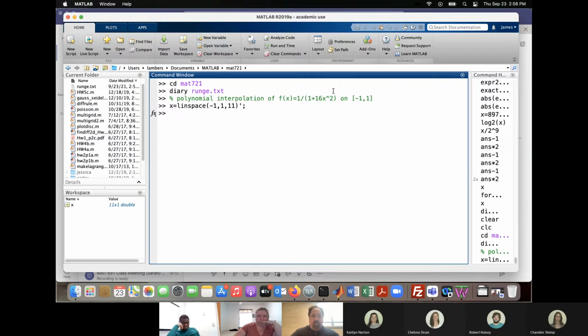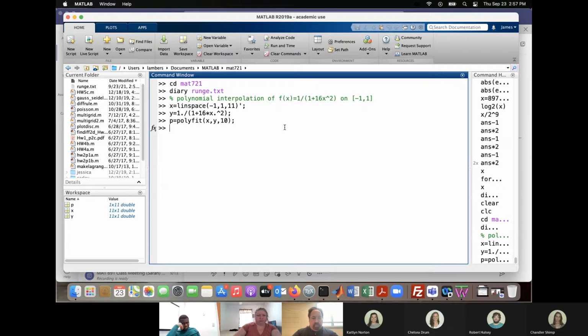So 11 points will give you a polynomial of degree 10. Then my y values would be just plugging into the function. And then I'll compute the interpolating polynomial using MATLAB's function polyfit. Okay, so now I have my polynomial, or at least the coefficients of it.